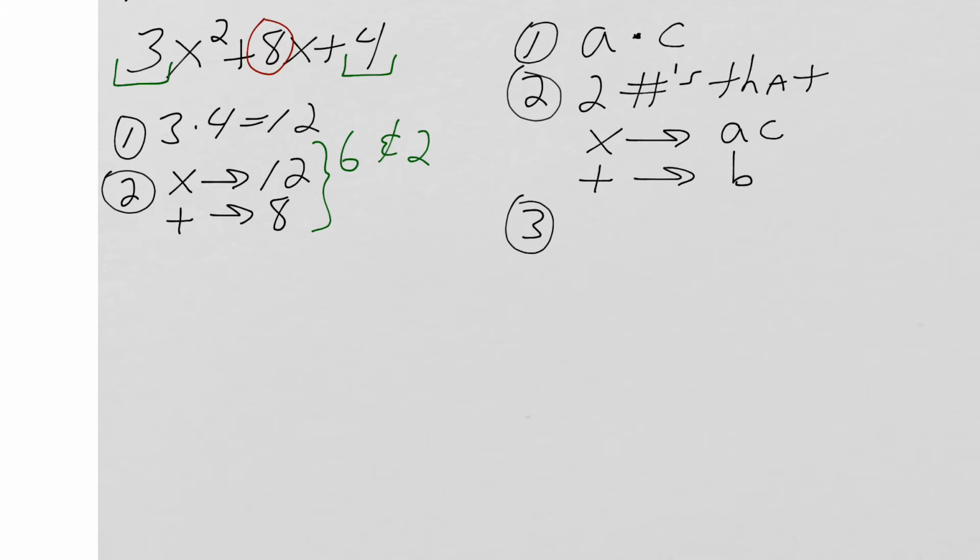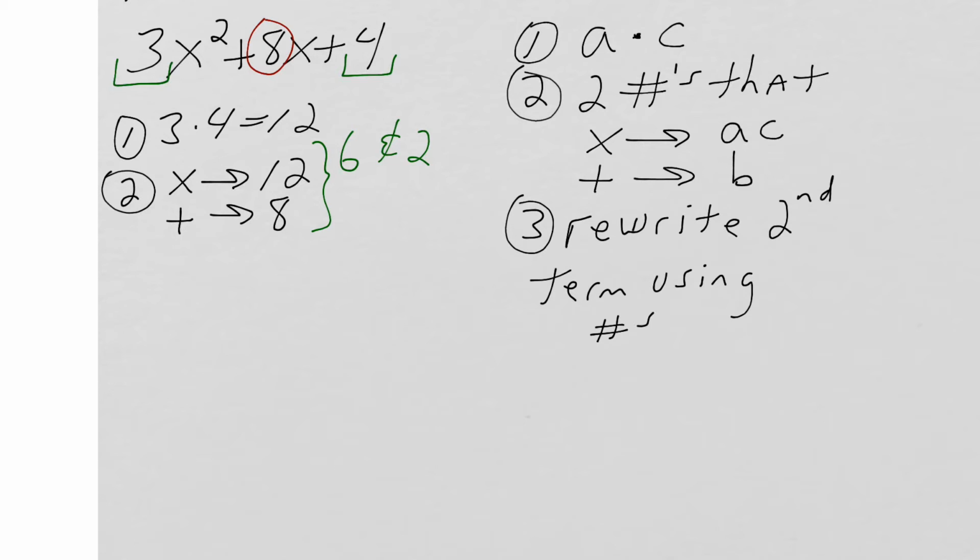Step 3 in the AC method is to now take the 2 numbers you just found in step 2 and rewrite the middle term, the second term of the trinomial. Rewrite the second term using the numbers you just found, the numbers from step 2.